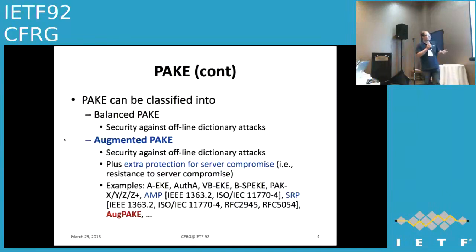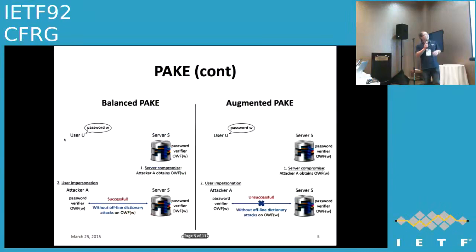This is sometimes called resistance to server compromise. There are many examples of augmented PAKE: AEKE, OSA, BBKE, BSBK, and also AMP, SRP and OPAQUE. OPAQUE belongs to augmented PAKE. Next, please.